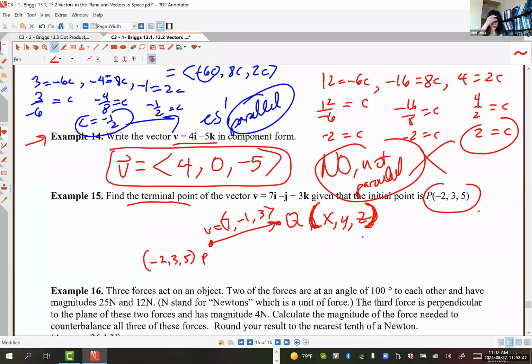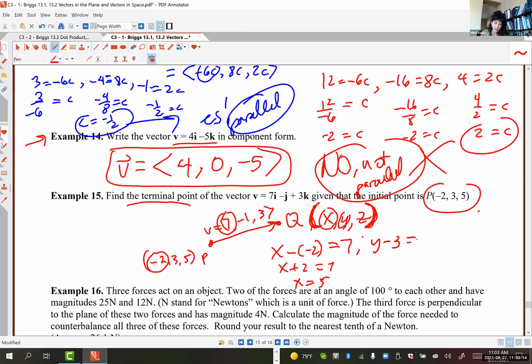If you're going to retro engineer this, you would want terminal point minus initial point X coordinates to be equal to the vector's X component. And then you could just solve this for X by subtracting 2 from both sides, and voila, you have Q's X coordinate. And similarly, you do the same for the Y's.